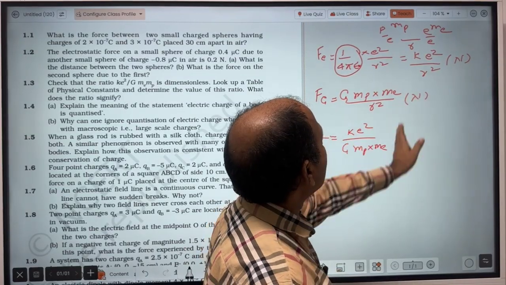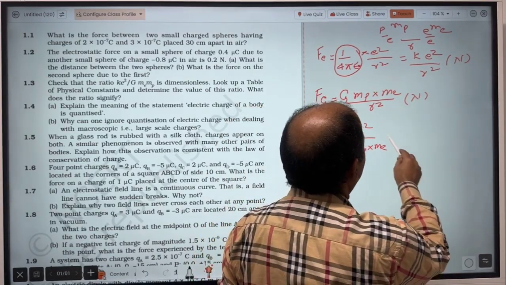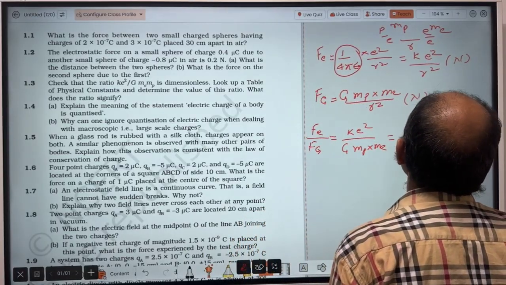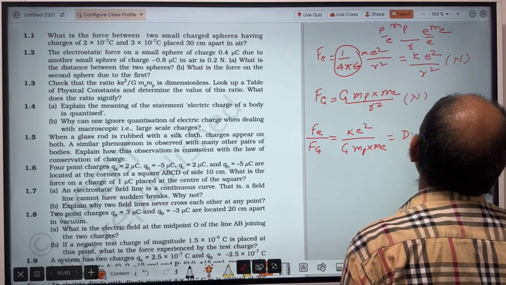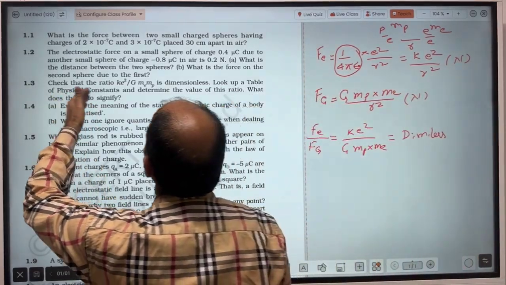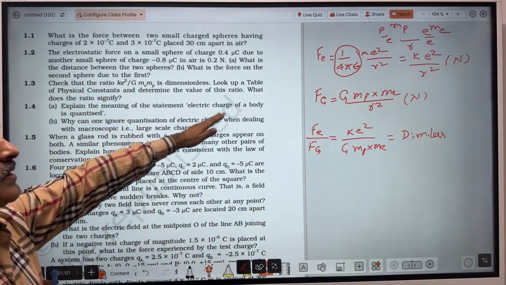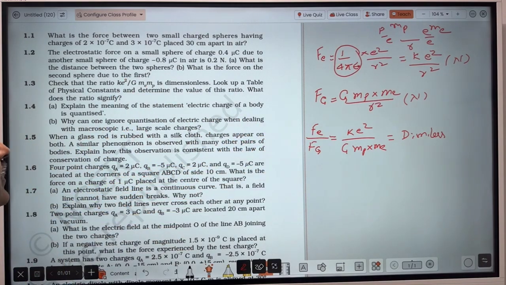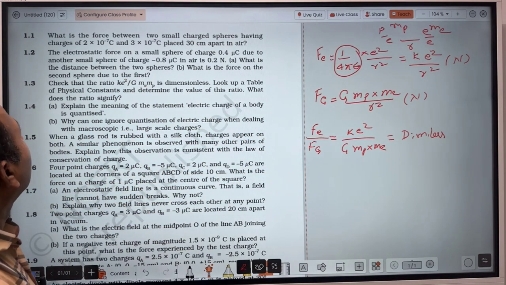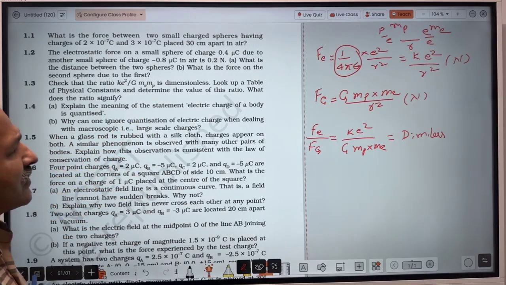If we write the units, Newton upon Newton will cancel out and we will get this quantity as a dimensionless quantity. So the ratio K e squared divided by G me mp is dimensionless. It is established. Now look up a table of physical constants and determine the value of this ratio.